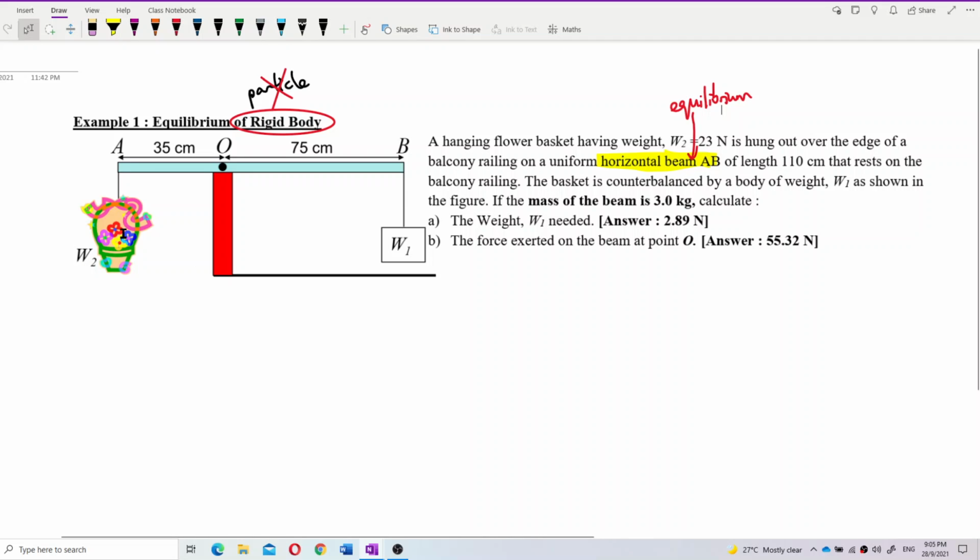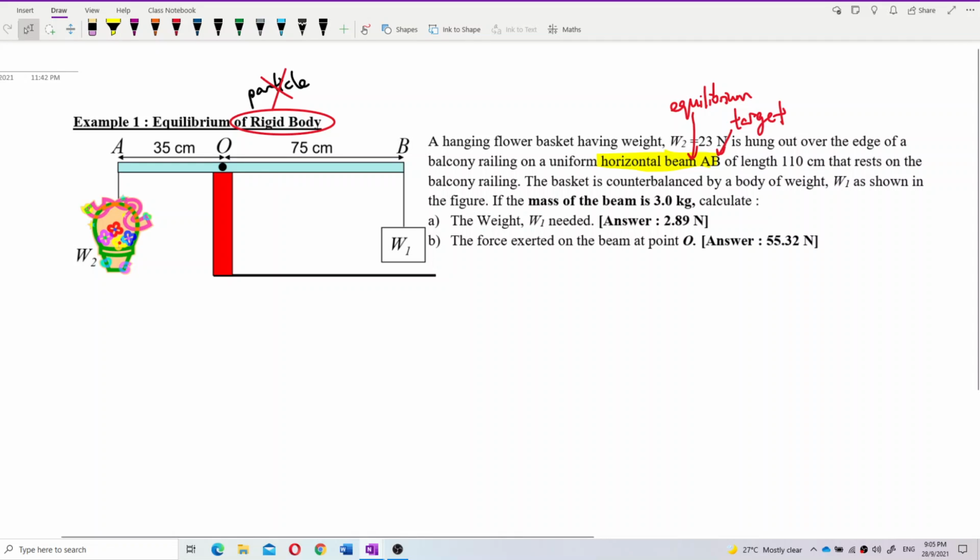We don't talk about the equilibrium of the flower basket. We don't talk about equilibrium of the weight 1. It's all about the beam only. So only draw the force on the beam. Our target is the beam. This is our target object.